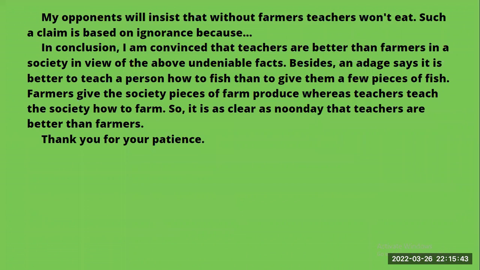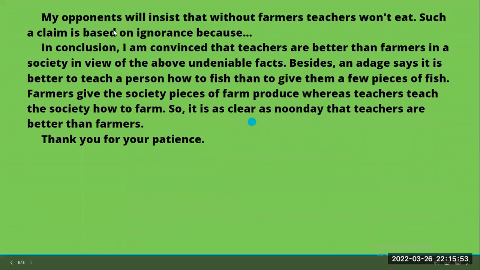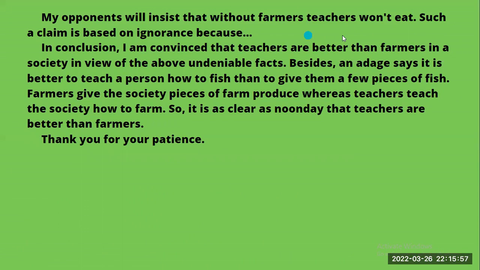Then once you have discussed your points, you need to demolish your opponent's point. So in this case, you can simply say, my opponents will insist that without farmers, teachers won't eat. You say, such a claim is based on ignorance because, you see, this is how to demolish it.